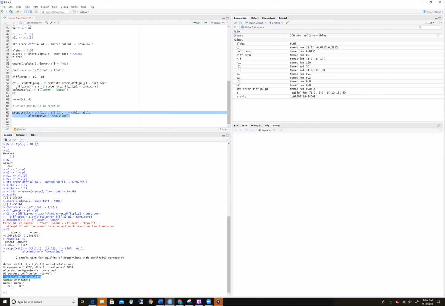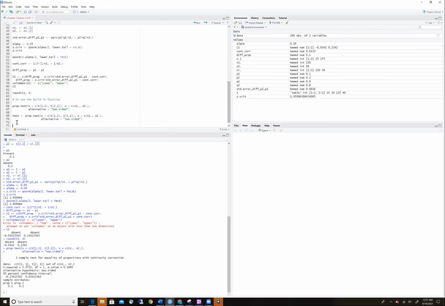Because it's giving us our 2-sample test for the equality of proportions with the continuity correction. And since we said it was 2-sided, it gives us our 2-sided confidence interval, and gives us the estimates of the proportions. And just like before, you could give this a name. Let's say test gets this prop.test. And I could say names of test.